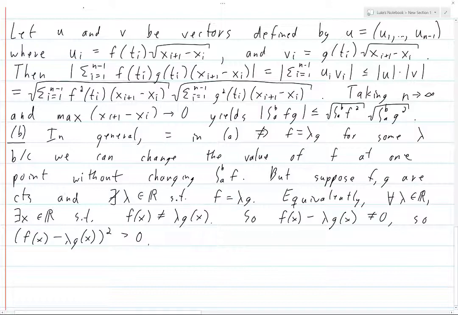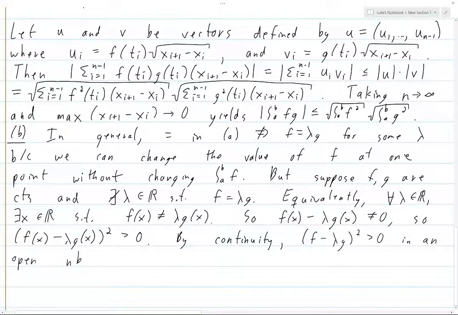Okay, next page. By continuity, and of course, now we have to use a fact about continuity, which we don't know yet because we haven't learned the rigorous definition of continuity, f minus lambda g squared is greater than 0 in an open neighborhood of x.